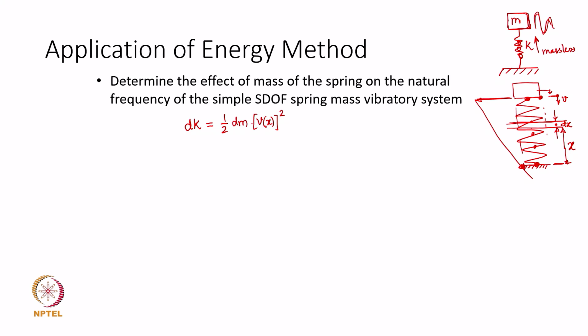Now, if we assume linear variation, then I can write this as half of dm.